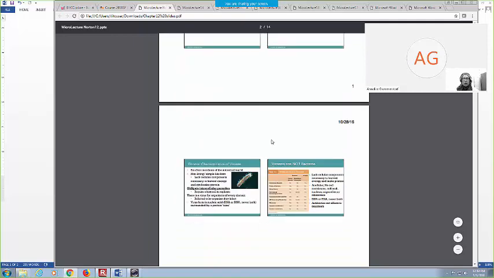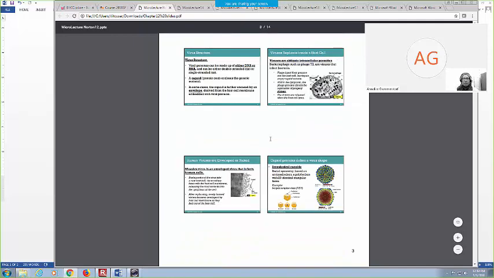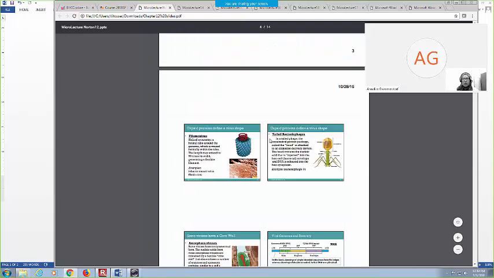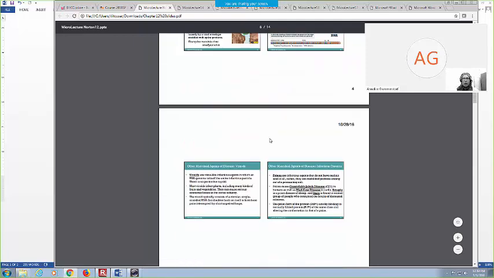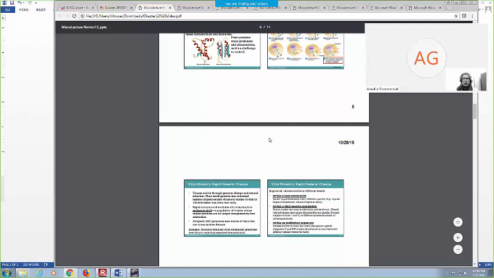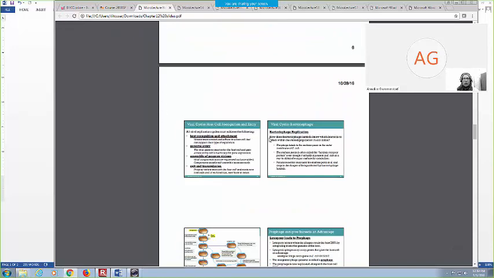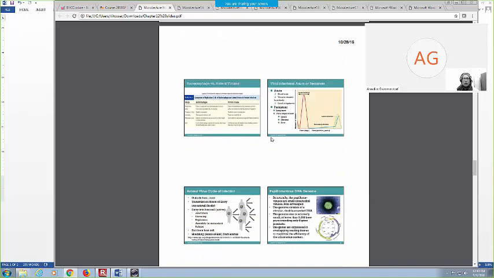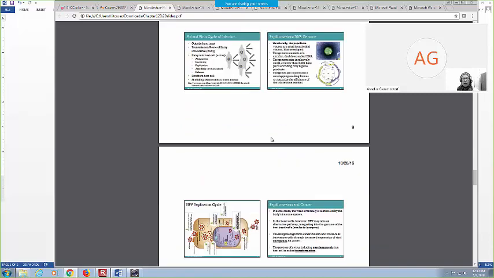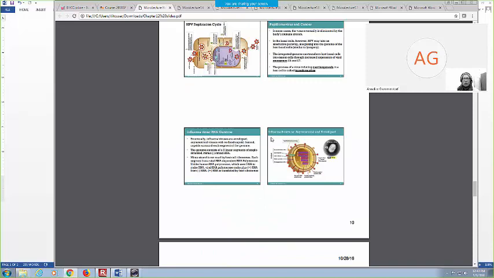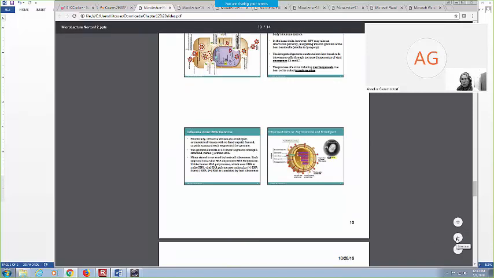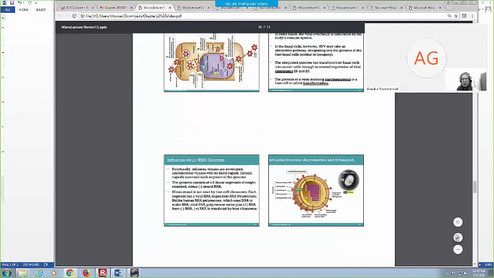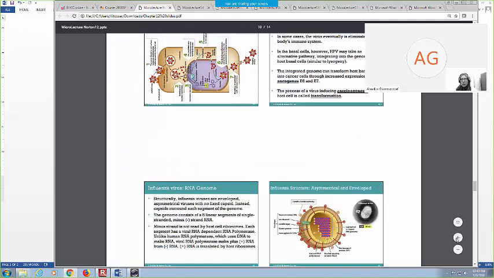In chapter 12, we learned about viruses in general, but there's also a part where I was talking about influenza specifically. And you had an open response question about antigenic shift and antigenic drift.